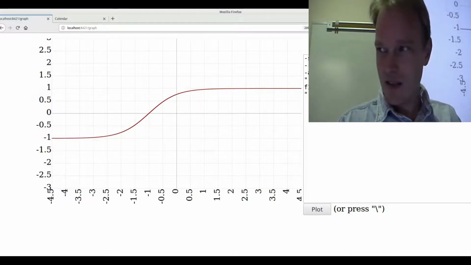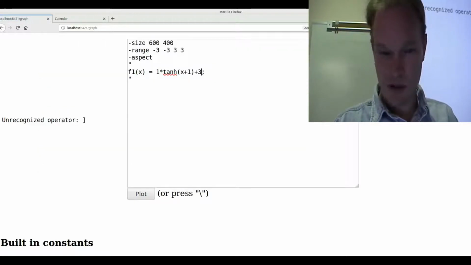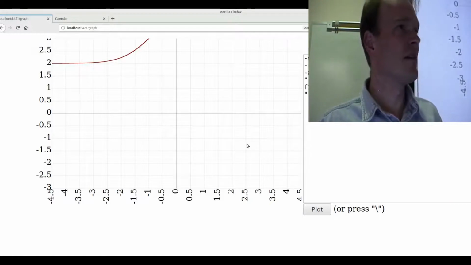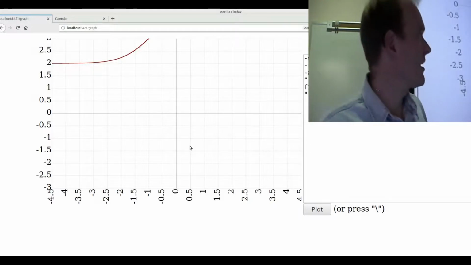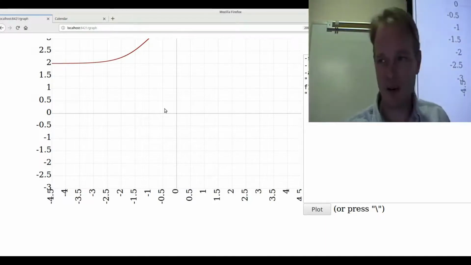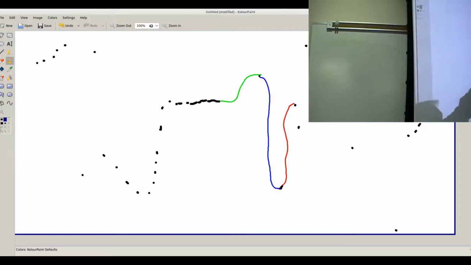And I can raise it and lower it by adding or subtracting. Whoa, what did I do? From the tanh thing, right? That's pretty obvious. I can stretch it this way and pull it that way and shift it this way and shift it that way. Okay, so if I can shift my S shapes anywhere I want, I could certainly fit them between all of my data points.